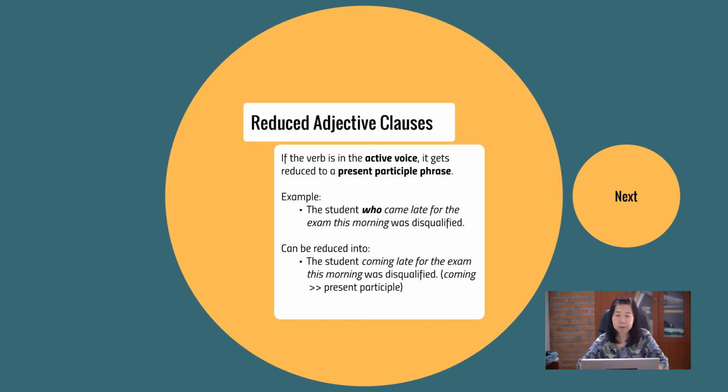Who came late for the exam this morning can be reduced into coming late for the exam this morning. Sekarang kalimatnya menjadi the student coming late for the exam this morning was disqualified. Coming is a present participle.